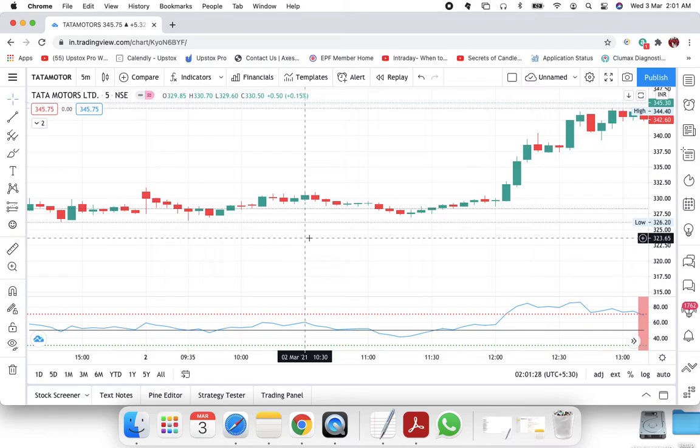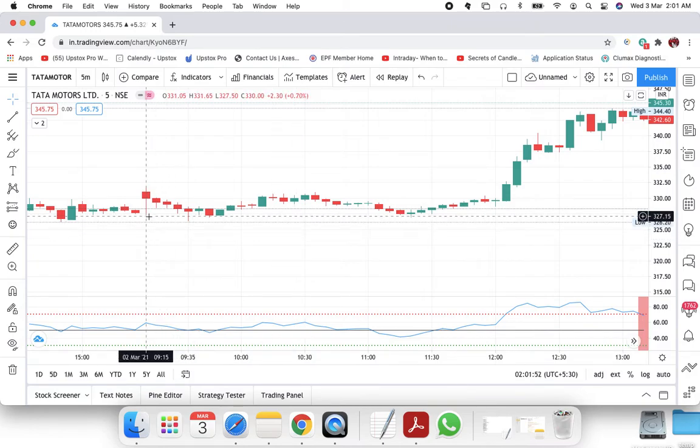To decide when to enter, what the exit is, and what our stop loss is. If you see here, at 9:15 the market opened and sellers are active, clearly representing sellers are active for this point of time.